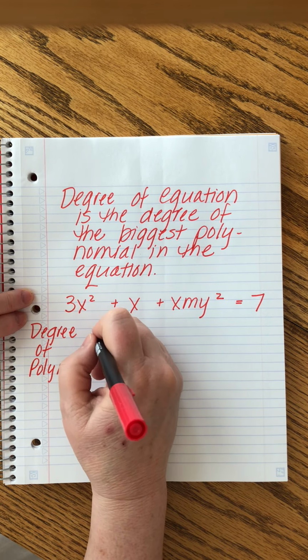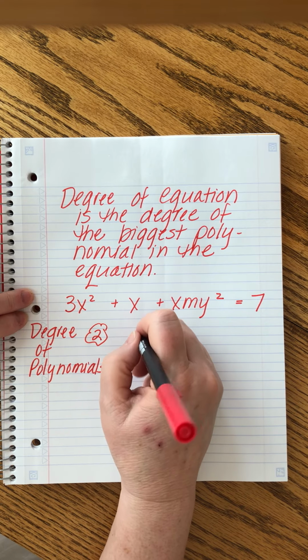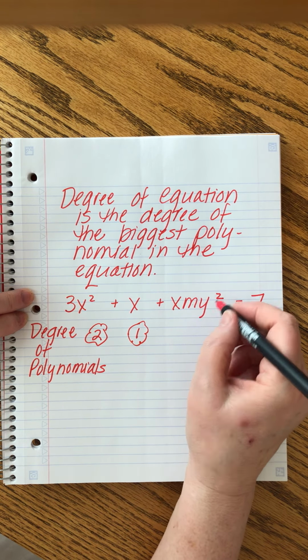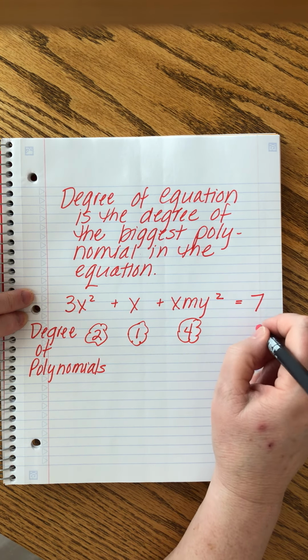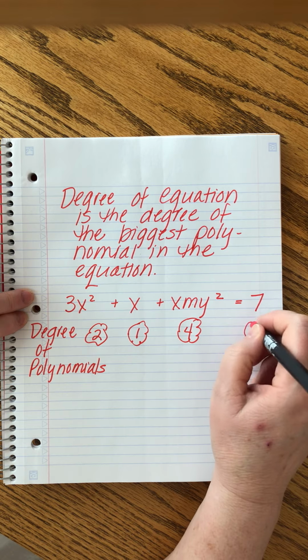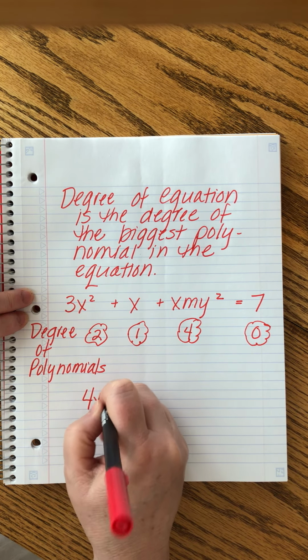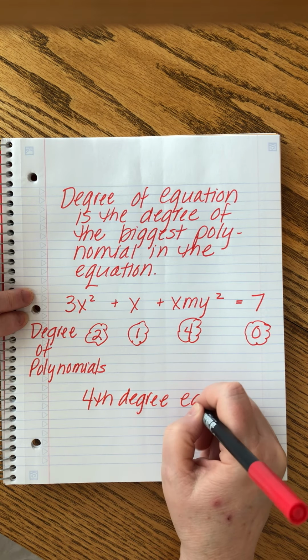This one is a second degree. This one is a first degree. This one is a 1, 2, 3, 4th degree. And this one is a 0 degree, right? Because there's no variable over there. So this would be a 4th degree equation.